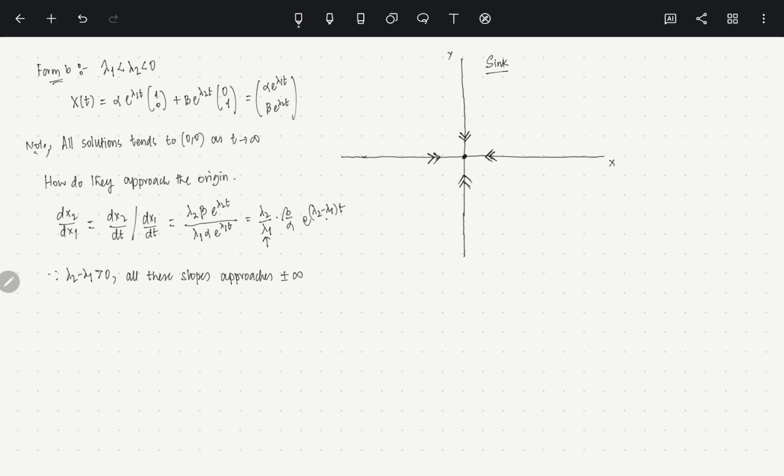Now the thing is this: how is it approaching? We understand that it is approaching plus minus infinity, but how is it doing that?